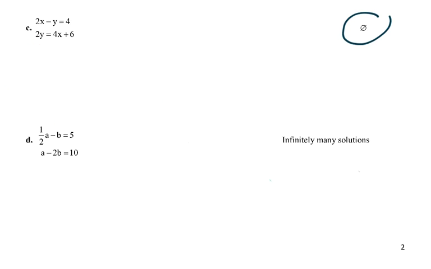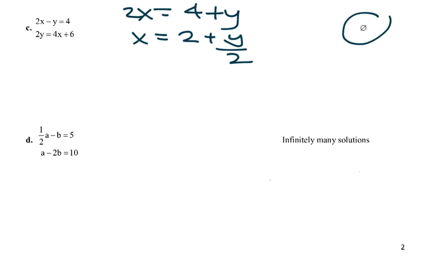If we then use the substitution method just to confirm that, I'm going to take the first equation, 2x minus y equals 4, add y to both sides, and then divide by 2, giving 2 plus y over 2. Then I'm going to substitute that into the other equation, so 2y is equal to 4 times x, or in this case 2 plus y over 2, plus 6.